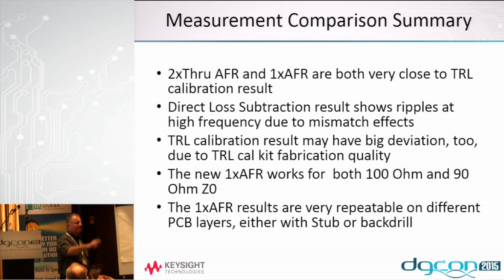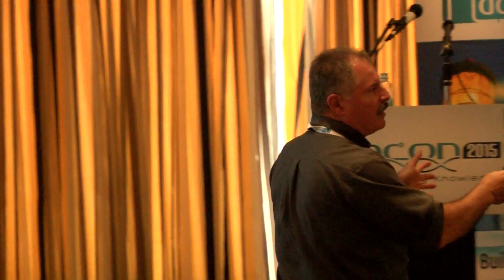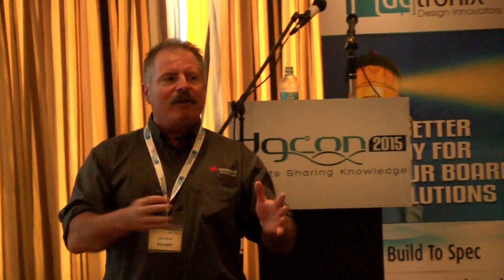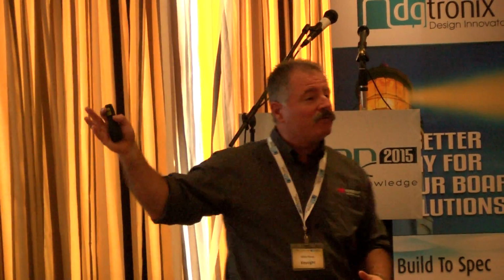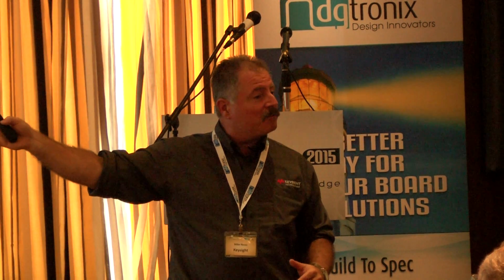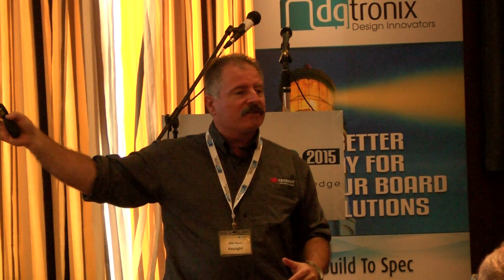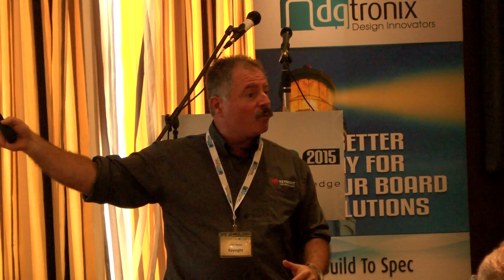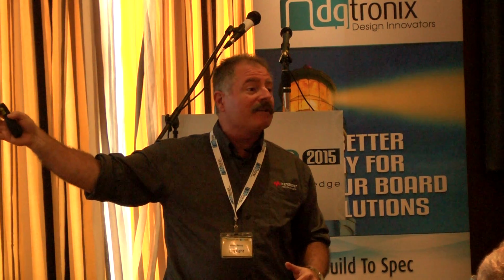Question here is, so we measured 100 ohm impedance environment and 90 ohm impedance environment. How low of an impedance environment can you use these methods for? We haven't done the experiments, but there's no reason why you couldn't go significantly lower.